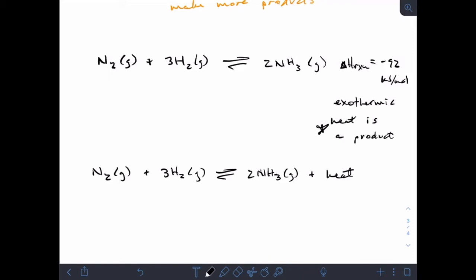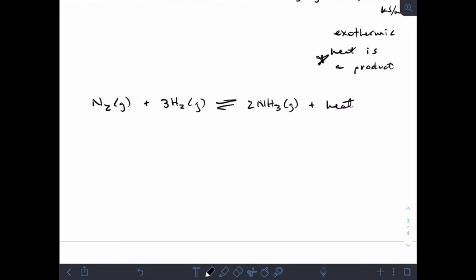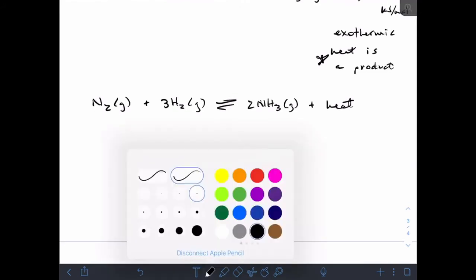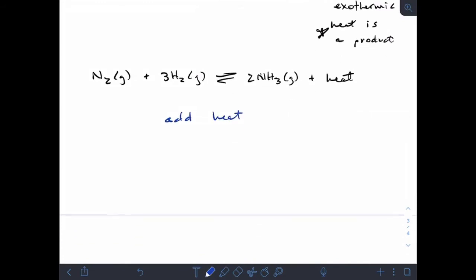So if I add heat to my reaction, so if I heat my reaction up, I'm going to push up on this side of the reaction.